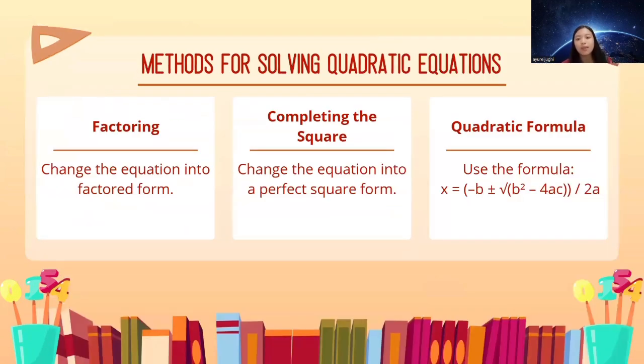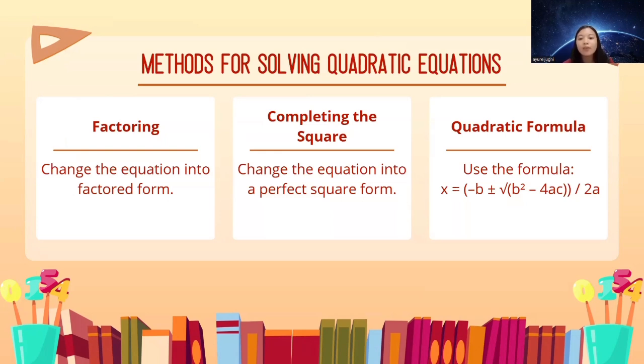Now let's discuss methods for solving quadratic equations. There are three common methods: factoring, completing the square, and the quadratic formula. Factoring means changing the equation into factor form. Completing the square means changing the equation into a perfect square form.